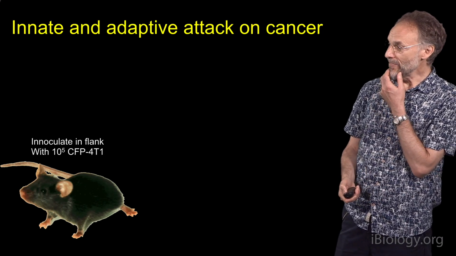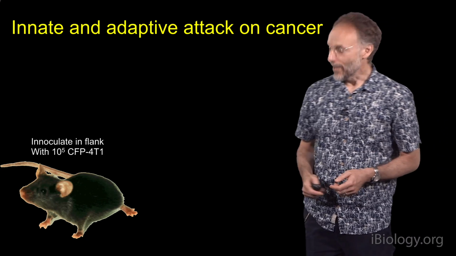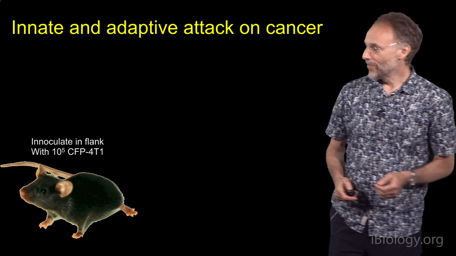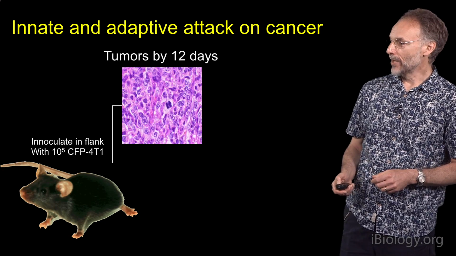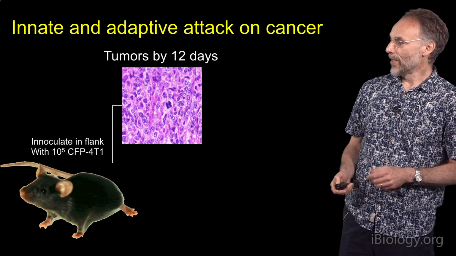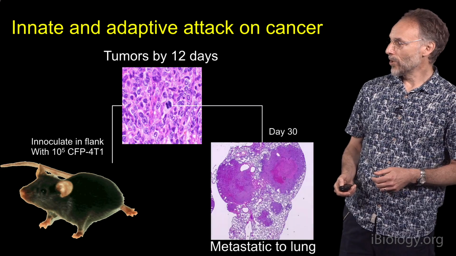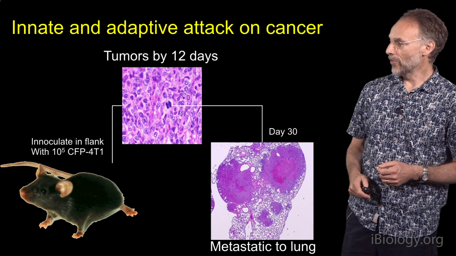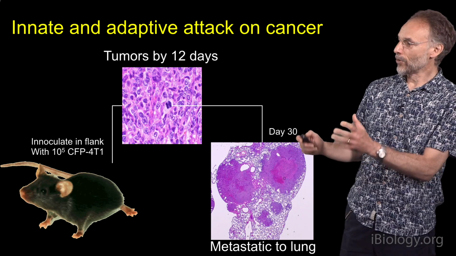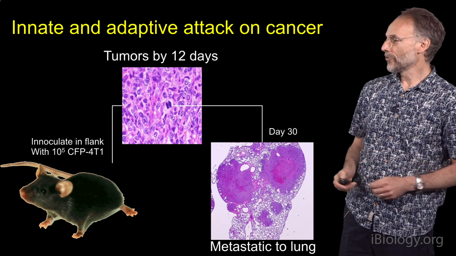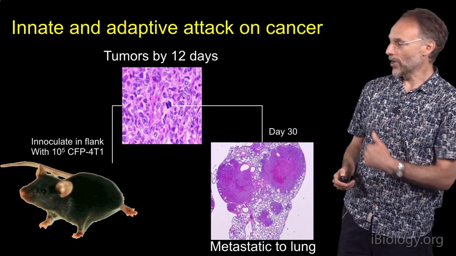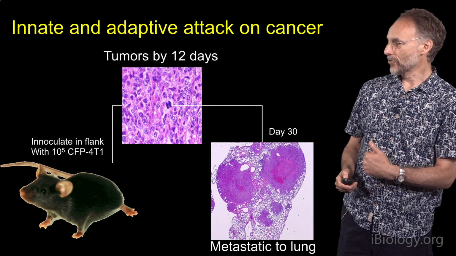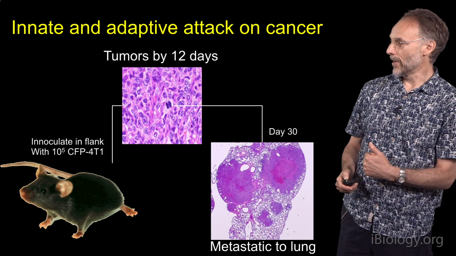We've actually seen this in a model of cancer therapy in the mouse, where we're setting up a model with a breast carcinoma implanted in the flank of a rodent that then grows over a period of about 12 days and metastasizes to the lung. It's a model that recapitulates key events in the development of breast carcinoma, although it doesn't start from the orthotopic site like in the ducts and the mammary glands.